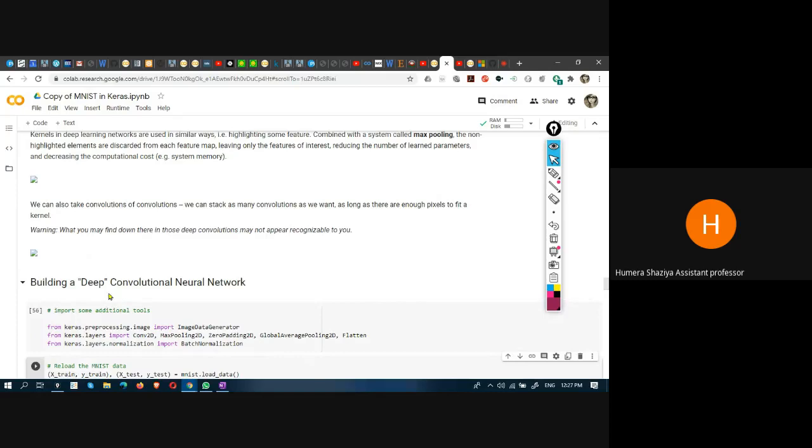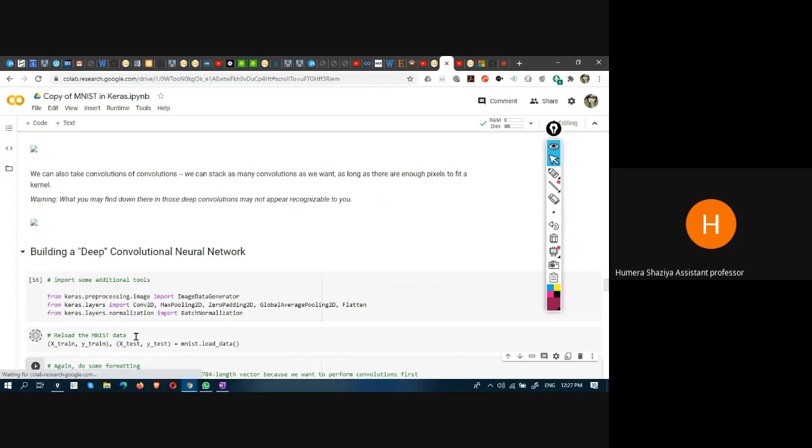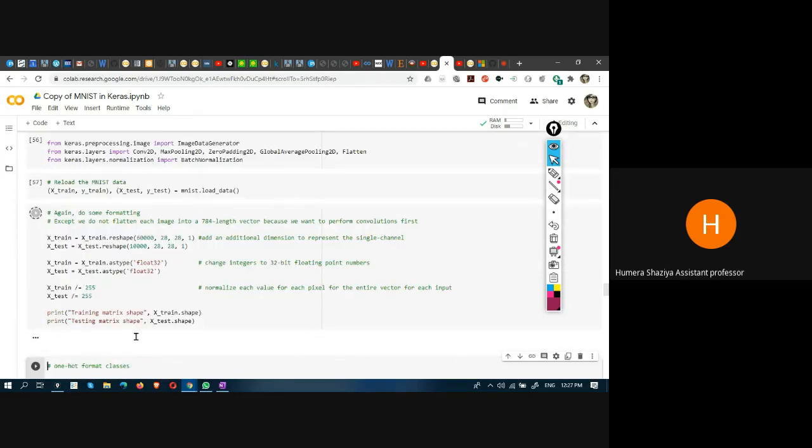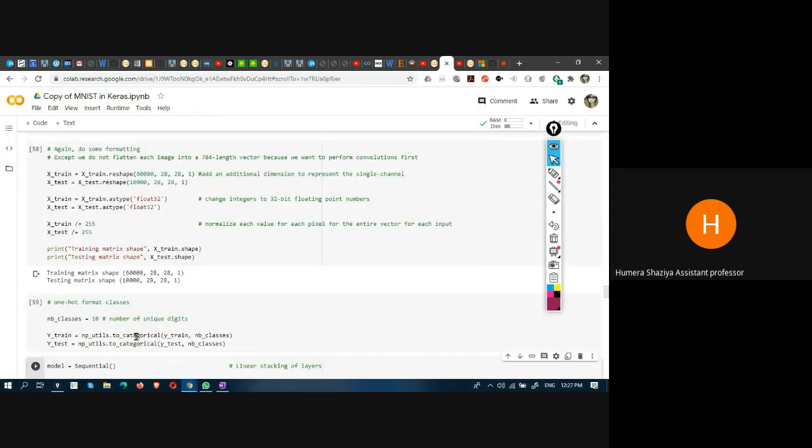This is a second model, a deep convolutional neural network. In this, we are importing the required libraries and loading the MNIST data and doing the same pre-processing. And this is converting into one hot.